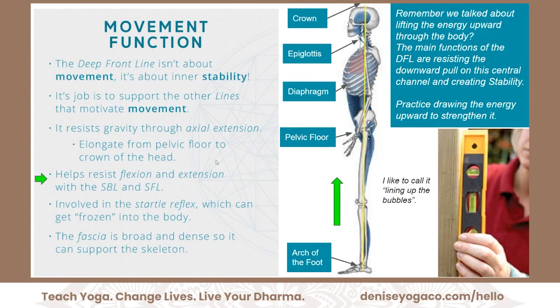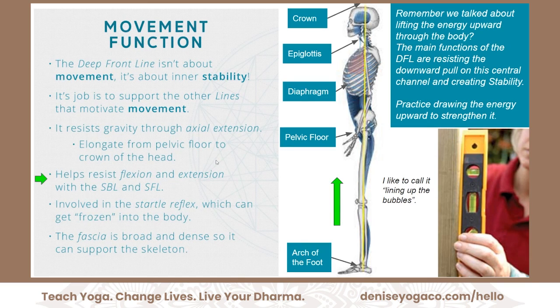All right. So now, everything we've been talking about has been about creating that inner stable base of support, which is what the deep front line is mainly doing. If it has a functional movement, it has more to do with being the moderator between all of these other lines that are more active lines or have more movement function, more movement task, I guess.